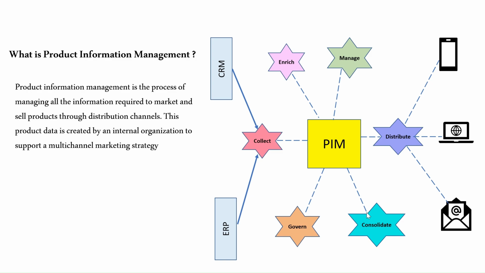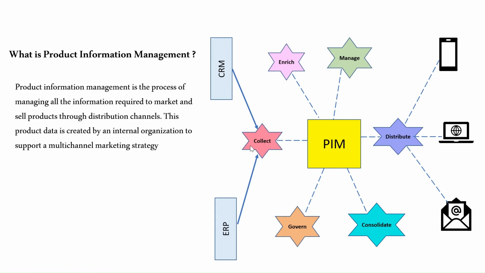But what it actually does, so here in this picture, if you see the PIM, product information management tool, it collects the data from different source systems. For example, any CRM system or ERP system, it will get the data, and this data is the product data.